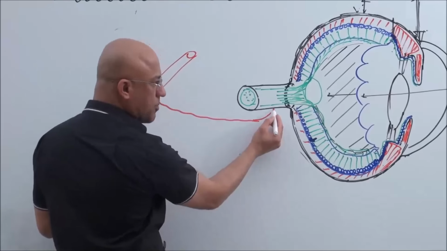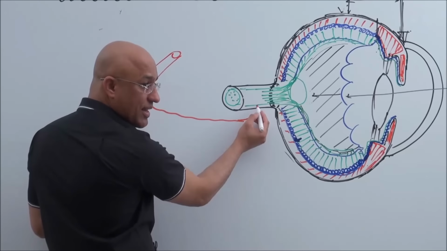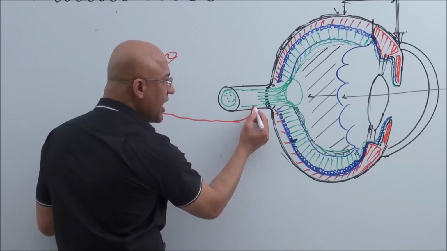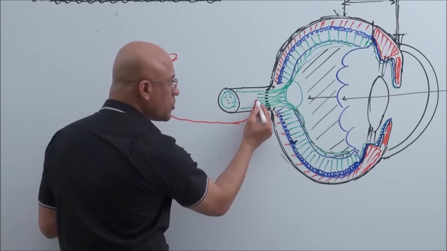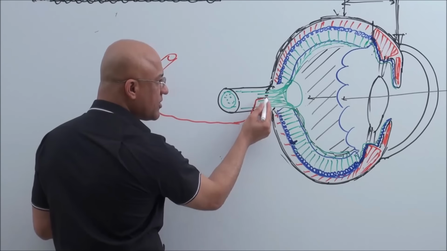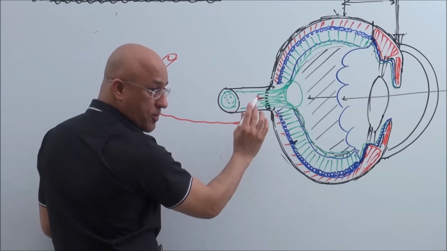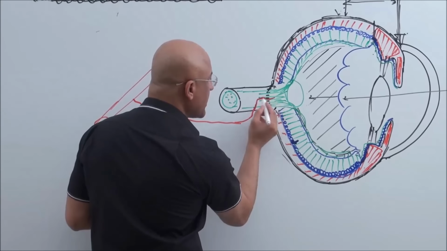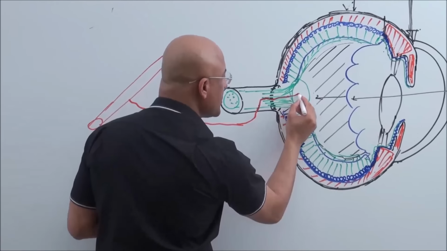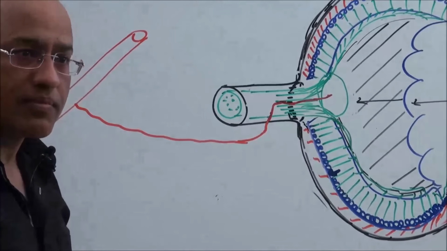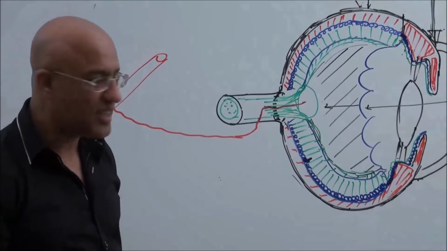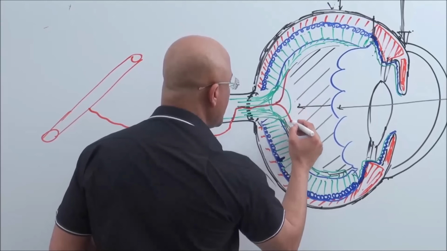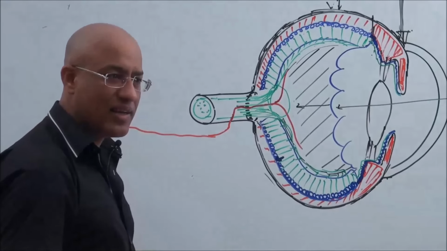It pierces the dura mater of the optic nerve. It enters inside. Here this artery, central retinal artery, enters into what? What is this? Optic nerve, and then it passes through the lamina cribrosa, and then it emerges at optic disc, and here it divides into one superior branch and one inferior branch, right?